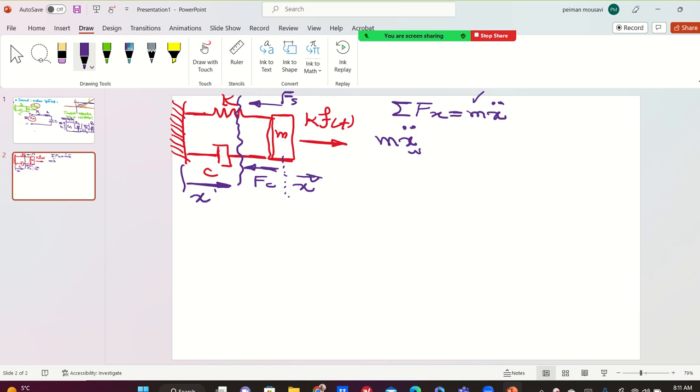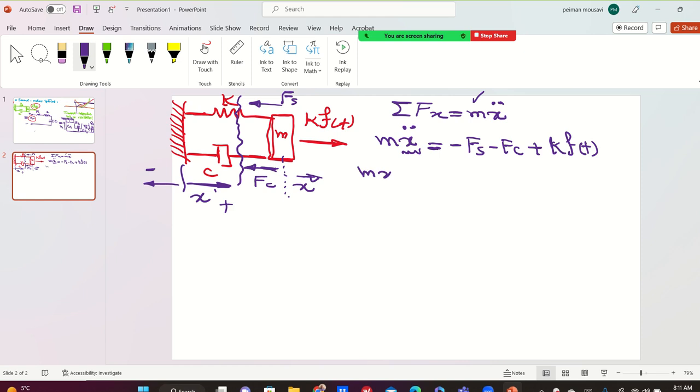So this says that you have the second time derivative. When you go to the Laplace transform, you have s squared. Remember the Laplace table that I provided to you? So your system is a second order system. It equals, so here is positive, this side is negative, obviously, minus Fs minus Fc plus the external force input to the system in control systems.